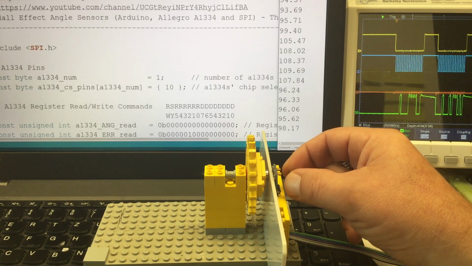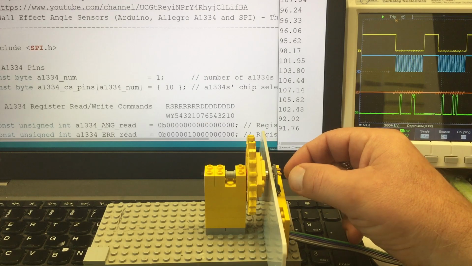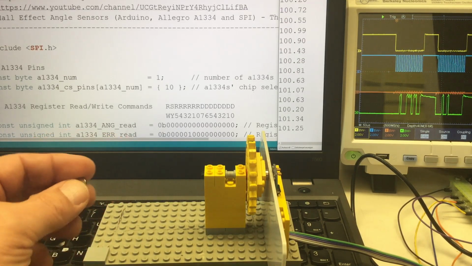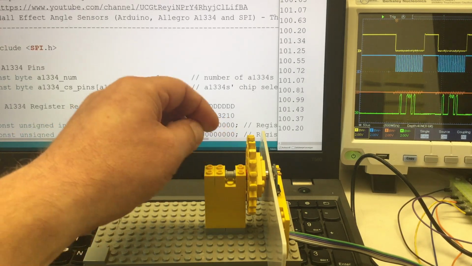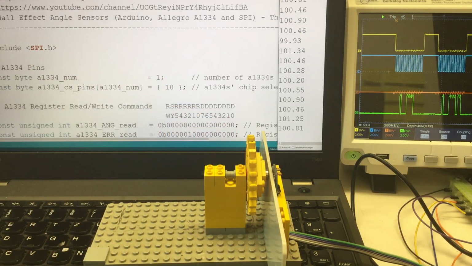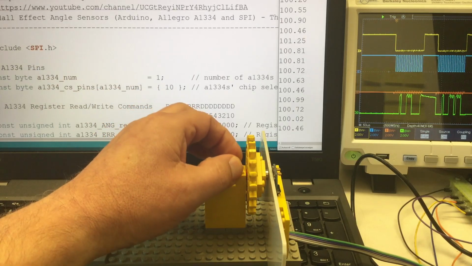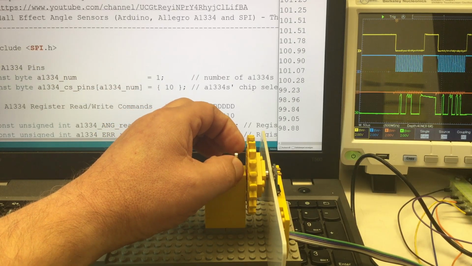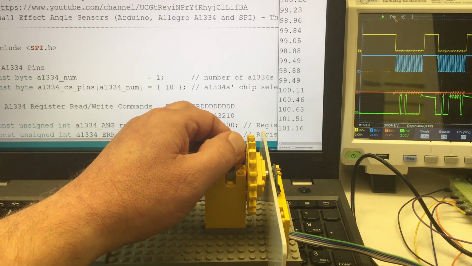You see how my readings get all over the place. No longer 100 degrees. However, if the magnet is sufficiently far away, let's try it behind here. So that's about 2 centimeters. Oh, we still get a little crosstalk here.